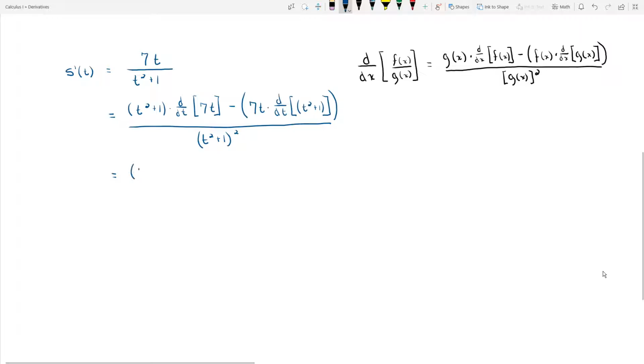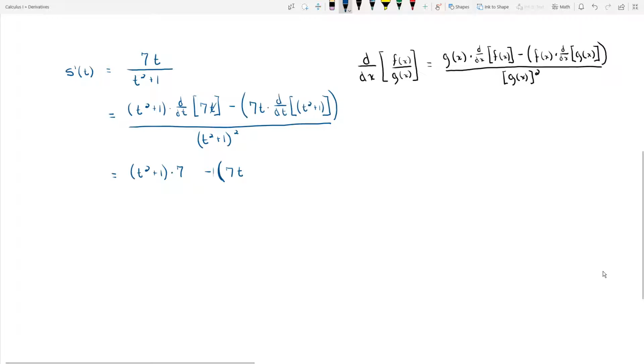So we'll bring down this term of t squared plus 1, and the derivative of 7t, well, that's just going to be 7 times t to the power of 1, and that t then is just going to end up being 1. So we have just 7. We're going to subtract 7t, and I'm making sure I add that parentheses in front, because I will need to bring that negative 1 through to whatever I end up with here.